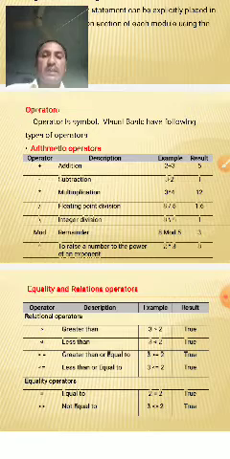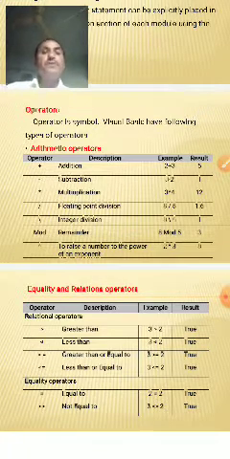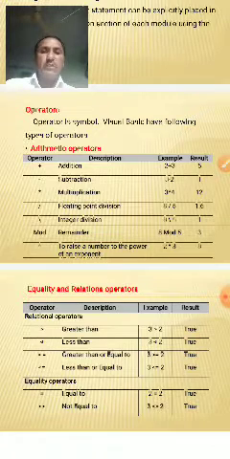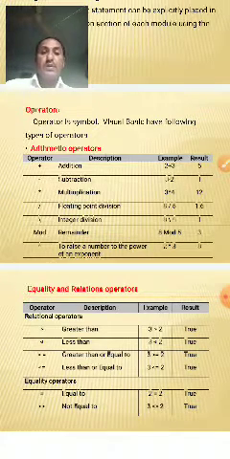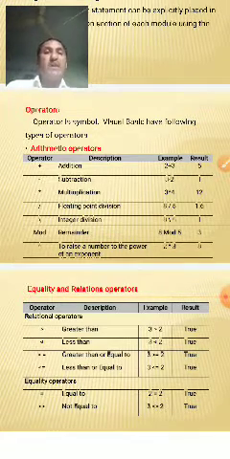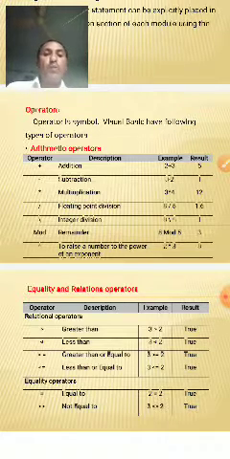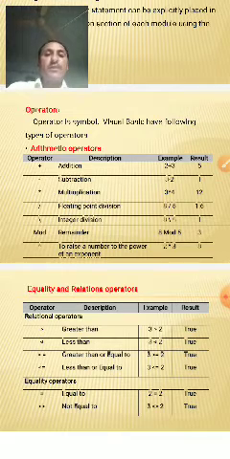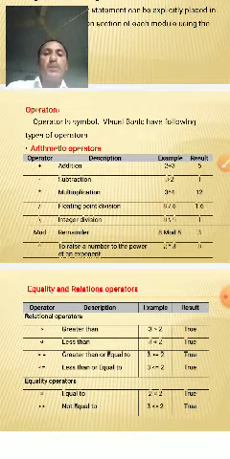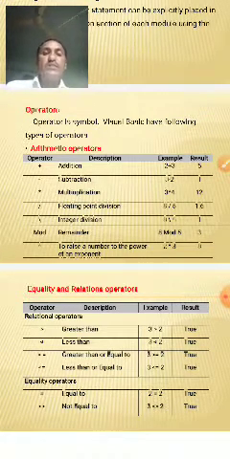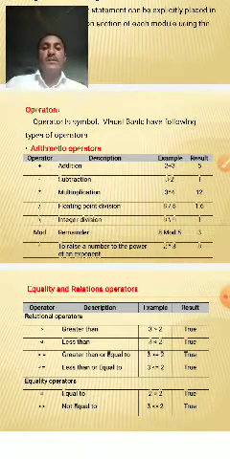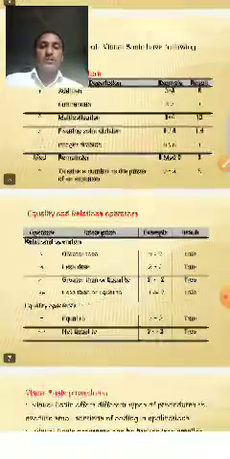Arithmetic operators from the last class: addition, plus, subtraction, minus, multiplication, floating-point division, integer division, remainder, and to the power of. These are called arithmetic operators, which we discussed in the last class.